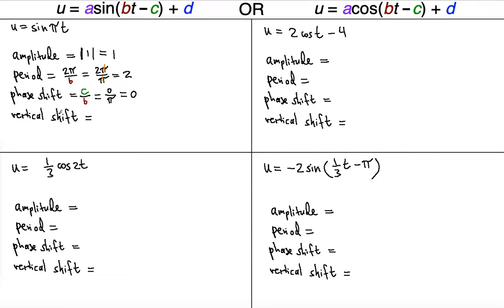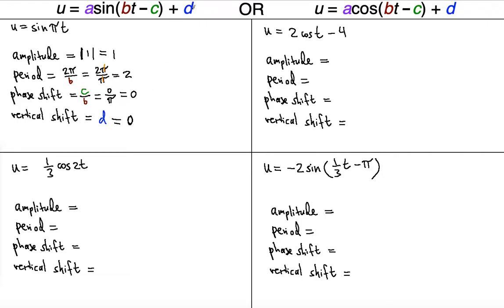In this case, the vertical shift, again, you don't see the d, do you? Right? Because there's nothing added after everything that's provided here. There's nothing added. So in this case, we're just going to write d, right? Because that's the vertical shift. Now the d in this case is 0, right? Because we don't see anything being added after the angle here, right? So it's going to be 0.